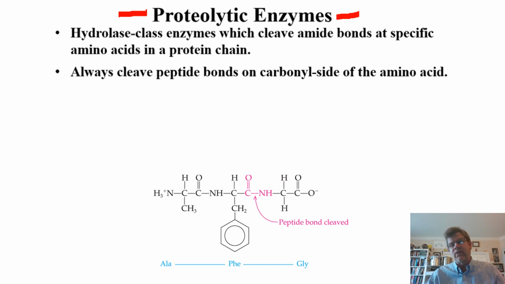Remember, proteins are polymers of amino acids, and we utilize those amino acids to make our own proteins. However, all of the proteins and polymers that we take in a dietary sense need to have the peptide bonds which connect those amino acids hydrolyzed, and thus they are a hydrolase class of enzymes which cleave amide bonds, the bonds between these amino acids, at specific amino acids.